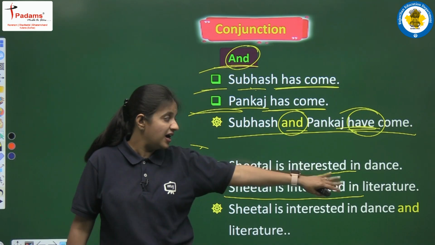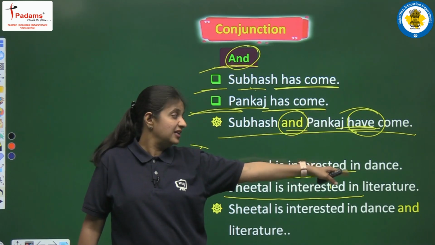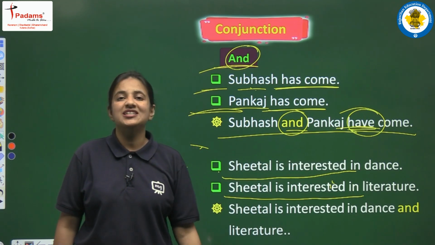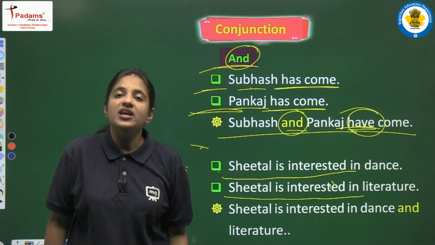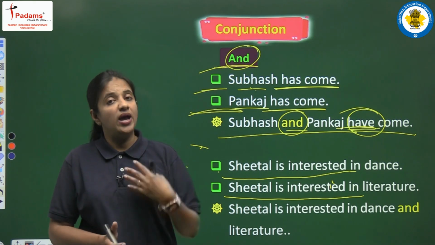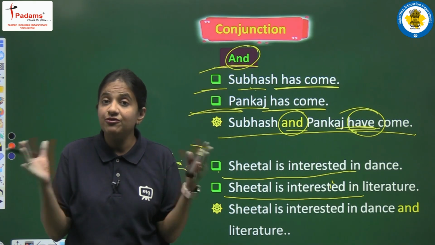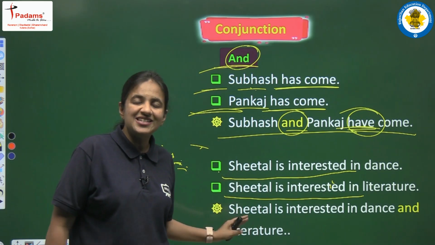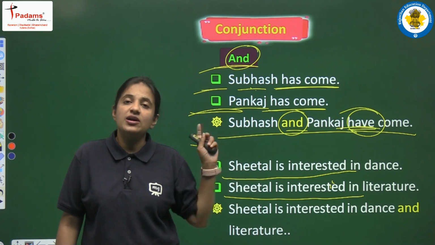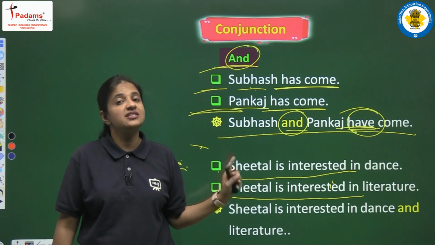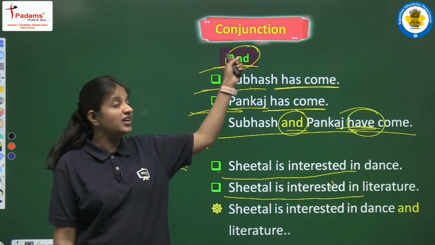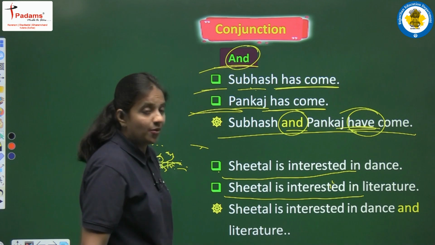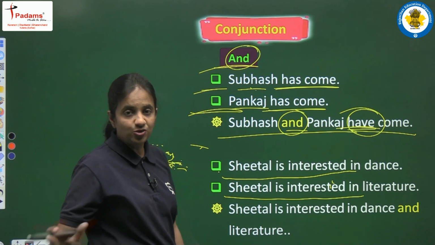And what is the different part? The different words we are having here are dance, and in the second sentence we are having literature. So yes, we have discussed this thing earlier also, that we have to use the conjunction to connect the different part, and the common part we have to write one time. So now let's see how we can combine these two sentences into one sentence using the conjunction, that is and. First of all, the common part is there, so that part too we have to write one time.